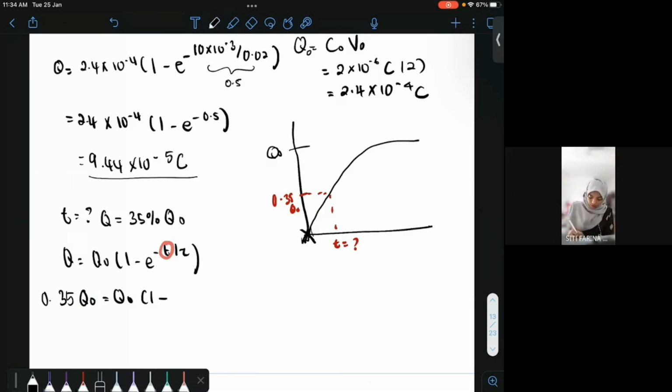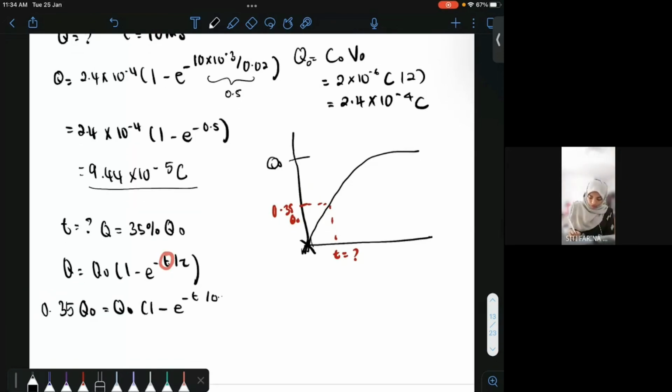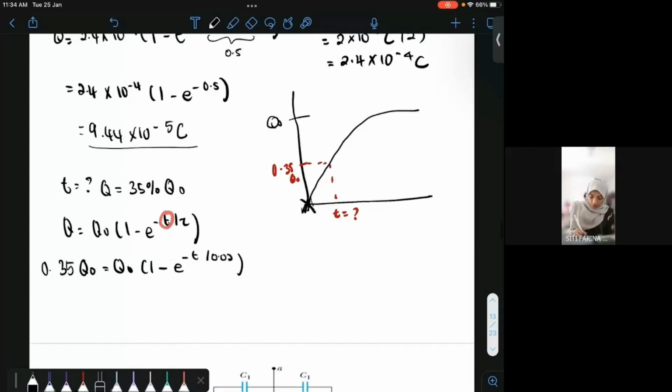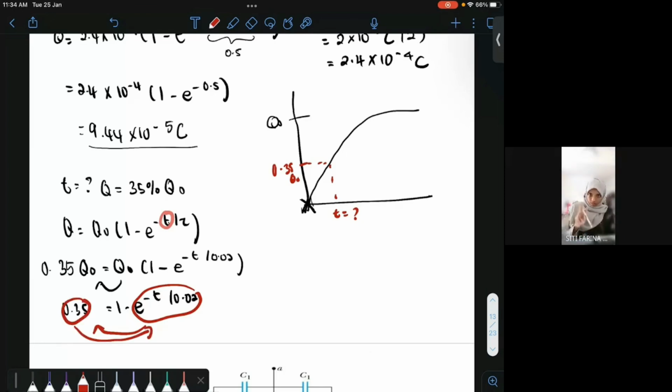1 minus exponent negative T tahu kamu adalah 0.02. Okay, bawa Q ke sini. 0.35 Q divide by Q 1. 1 minus exponent negative T 0.02. Okay, so sekarang buat satu-satu dulu. Right, buat satu-satu dulu. Apa kamu buat adalah bawa eksponen ini ke kanan 0.35, tukar tempat.